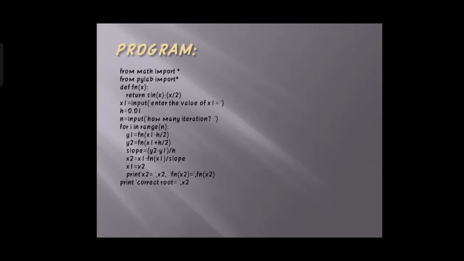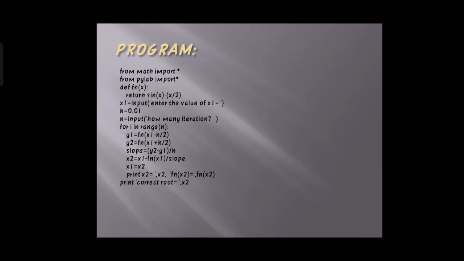Now let's look into the program. For that, we are using two header files, that is math and pylab. Then we define the function f(x), which returns sin x minus x/2, which is the given function in the aim.